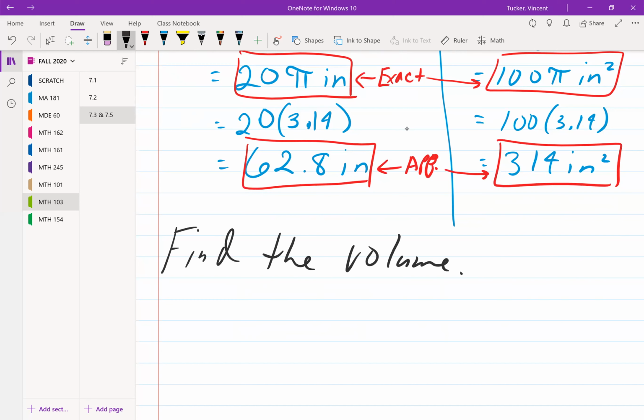So finding the volume is the same as finding the area. You just have to use the proper formula according to the shape that you're dealing with.